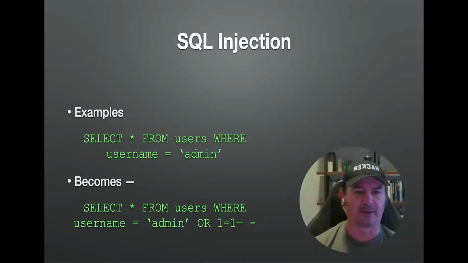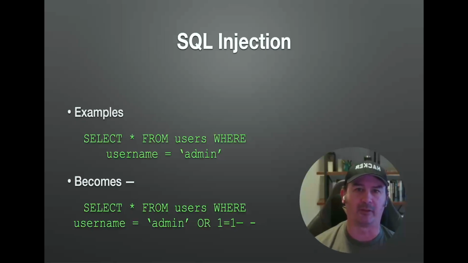And then these dashes at the end here. The slide did an autocorrect, but this is two dashes right after the 1, and then there's a space following the second dash. What that's doing is commenting out the rest of the query. So anything that might be after the username is just being commented out.